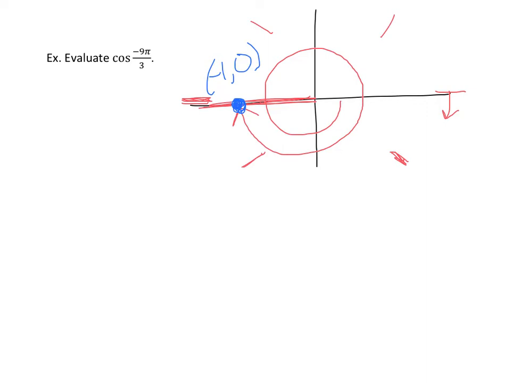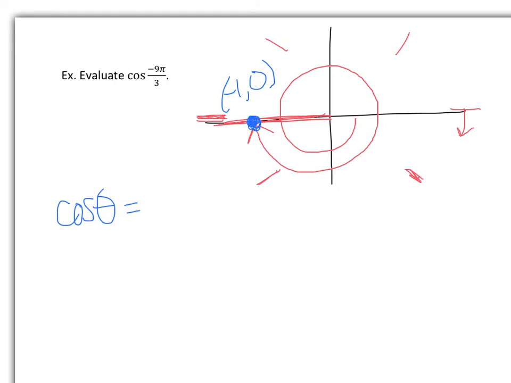Okay, cosine of any angle had to do with which coordinate point? It had to do with the x coordinate. So when I find cosine of negative 9 pi over 3, I'm looking at my x coordinate, which is negative 1.